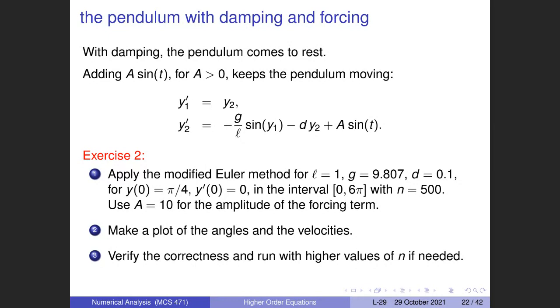Same question as the previous exercise: run and verify. The constants have to be carefully chosen here. If the forcing amplitude is too large, then you will see that the amplitude will actually increase. The same with the damping. So the damping constant and the forcing term are important in this model.